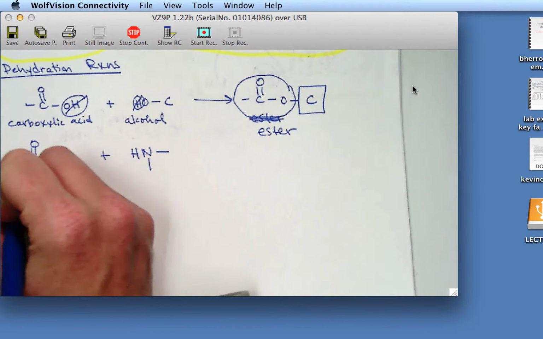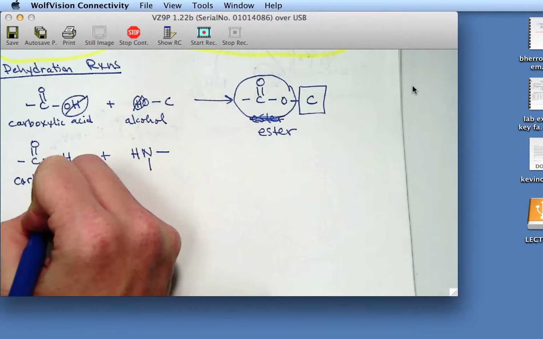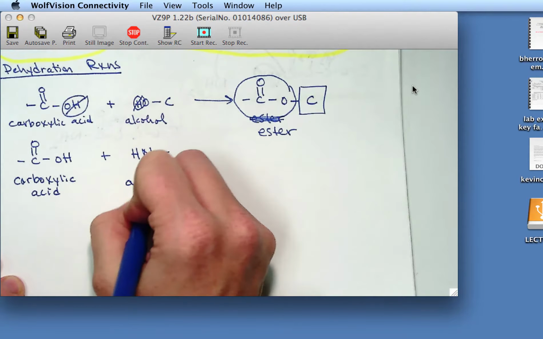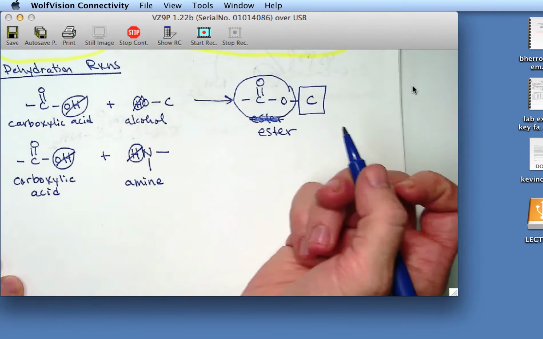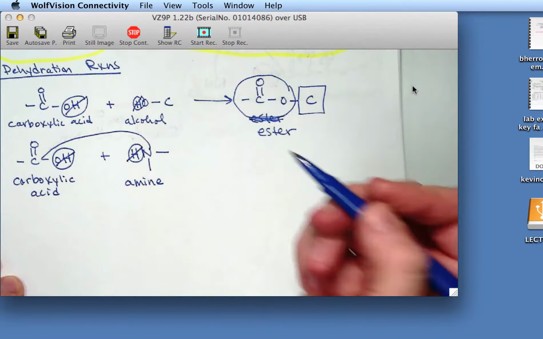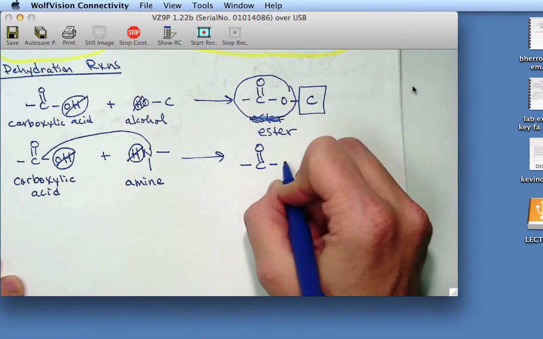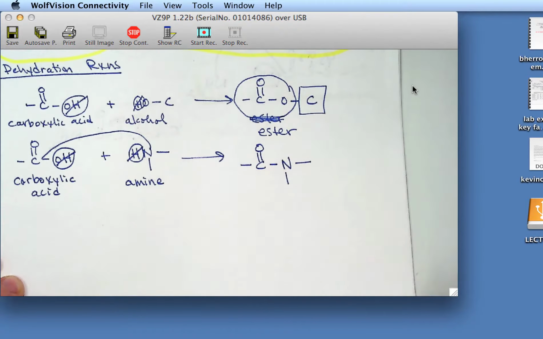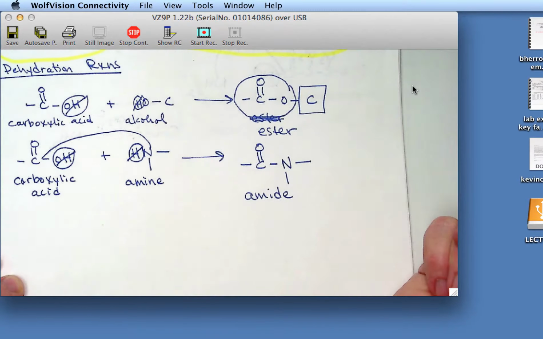It doesn't matter whether the other groups are carbons or hydrogens. So we have a carboxylic acid, we have an amine, we get an amide. So these are all the reactions that we've learned.